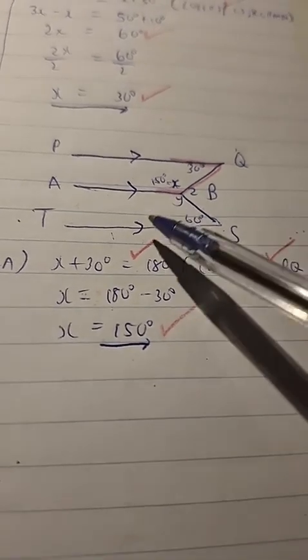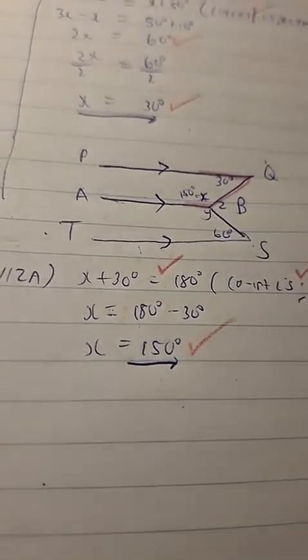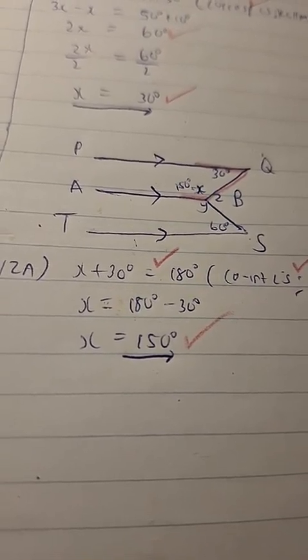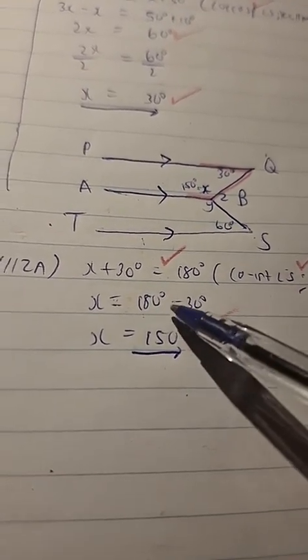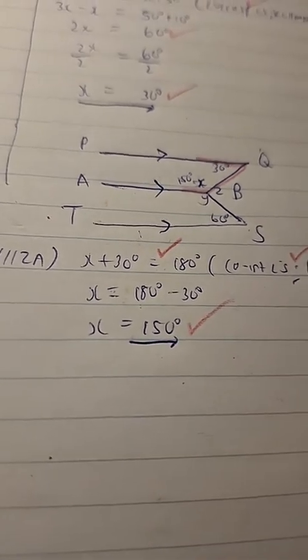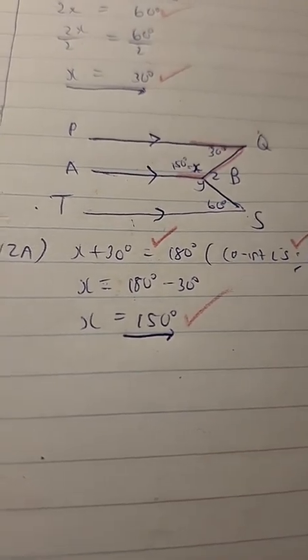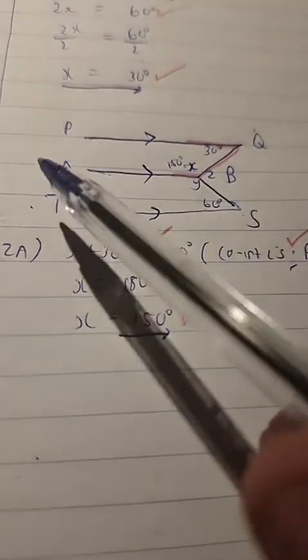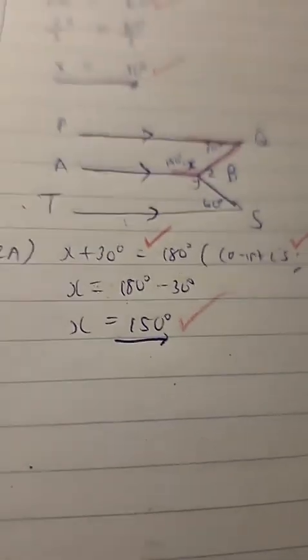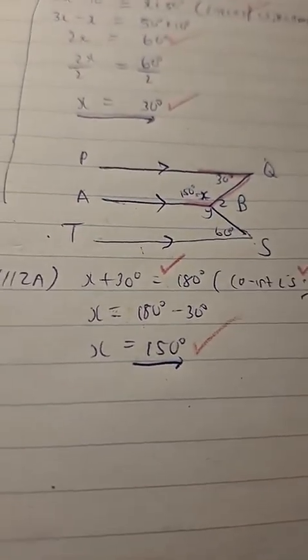All right, so Portia there has commented, oh, I see. So Portia is saying Y is equal to 120, and then she gave the reason there at the top: co-interior angles, AB parallel to TS. So yes, we can find Y, which is the next thing we can find.